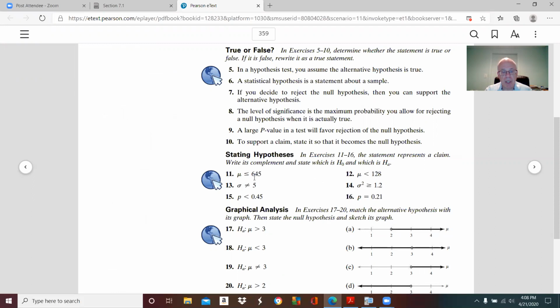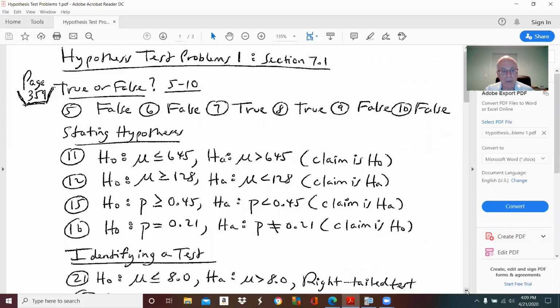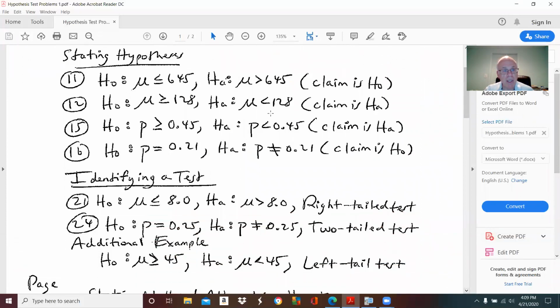Now, mu is less than or equal to 645. We have to determine whether that's the null or alternative. Well, since this has equal to in it, that must be the null hypothesis. So let's go back to the sheet here. The null hypothesis is mu less than or equal to 645. That means the alternative has to be greater than, right? It's the complement of less than or equal to.